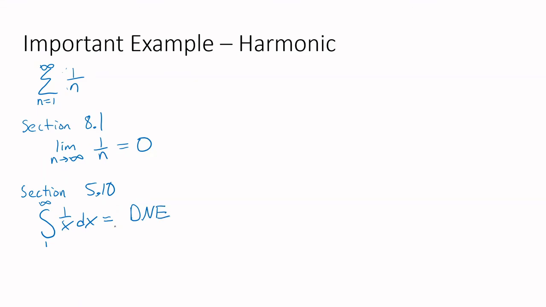So this shoots off to infinity when I try to do the evaluation. This goes to infinity. So then this was a divergent integral. So my terms, my individual things I'm adding, they go to 0. But when I actually add them all up, that goes to infinity.